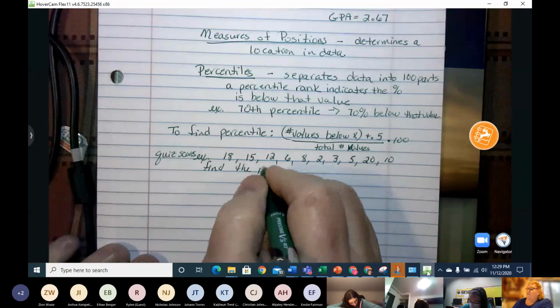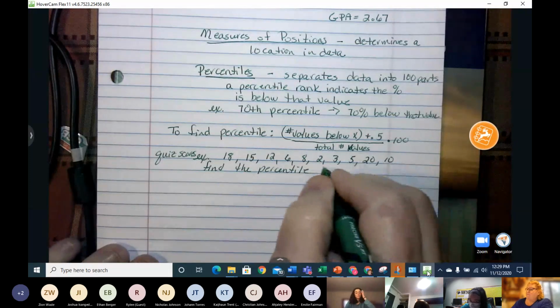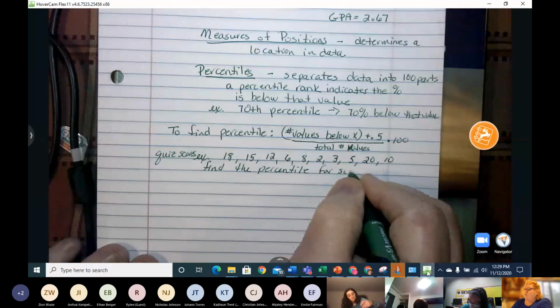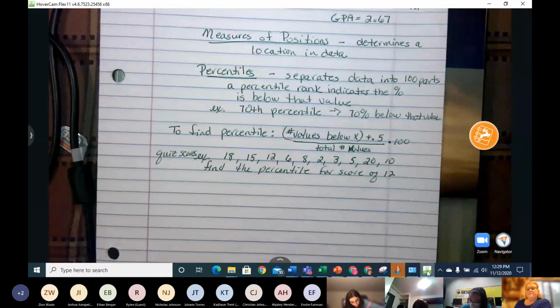And we want to find the percentile for the score of 12.